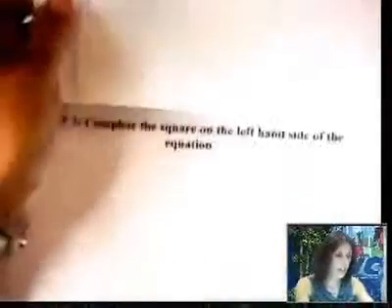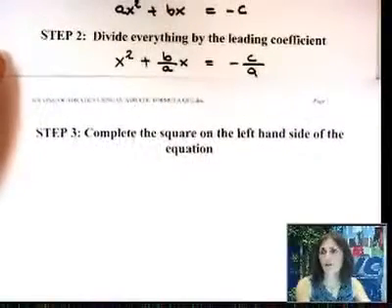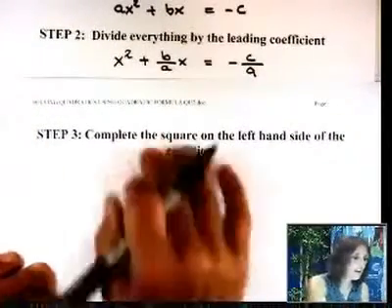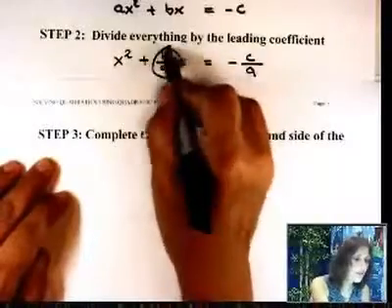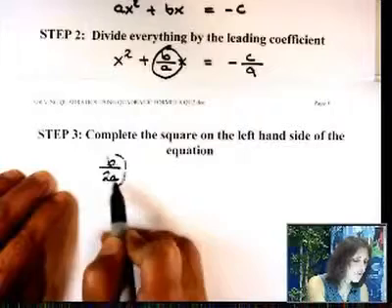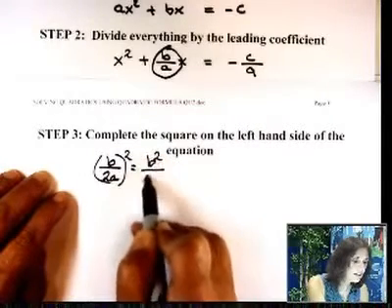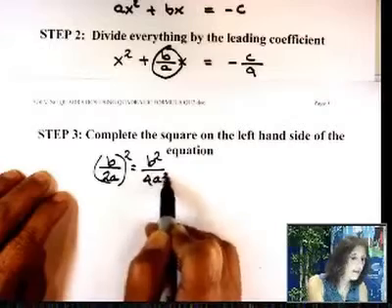Let's move. Now complete the square on the left-hand side of the equation. So how did we do that? You take this term, divide by 2. That will give you b over 2a. And then square it: b squared over 4a squared.